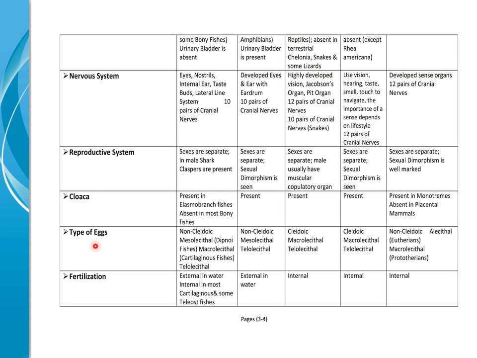Next feature is types of eggs. Generally, eggs are classified based on the presence or absence of shell, based on the amount of yolk, and based on the distribution of yolk in it. In case of fishes, the eggs are non-cleidoic.